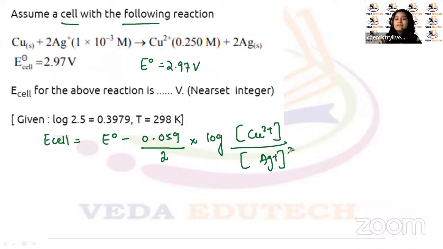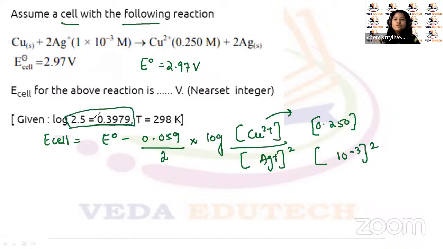Now why I picked up this question is Ag plus will be easier for you because this is 10 to the power minus 3, so this part is 10 to the power minus 3 whole square. But Cu2 plus is 0.250, and you are being given the value of log 2.5. So how do you convert it into 2.5, children?